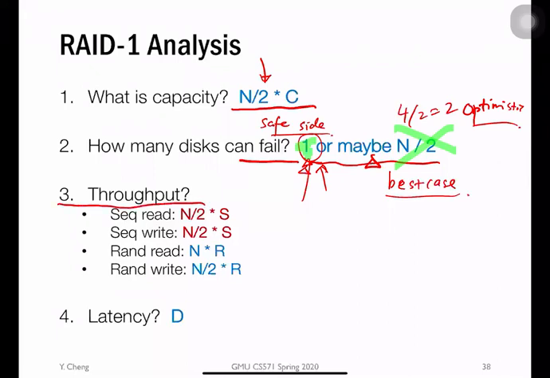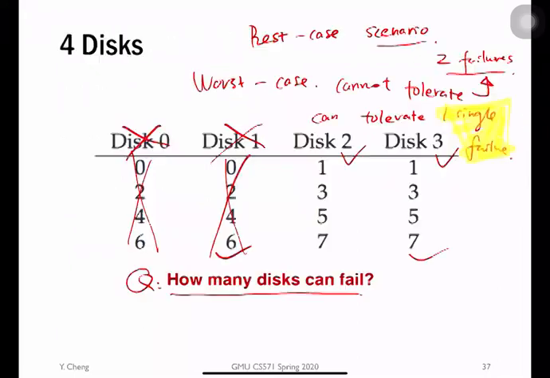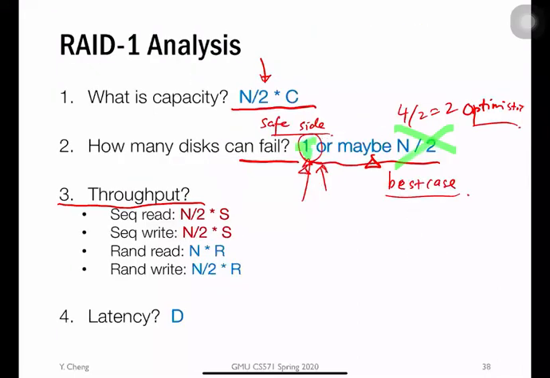Let's first take a look at throughput. For sequential read, sequential write, divided by a factor of 2, right? So why is that? Let's first talk about sequential read, sequential write. Okay. So we have disk 1, disk 2, disk 3, disk 4, with blocks 0, 0, 1, 1, 2, 2, 3, 3.